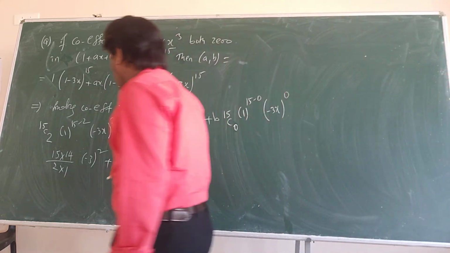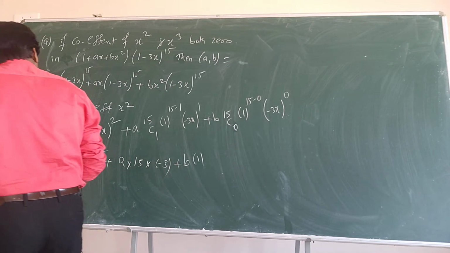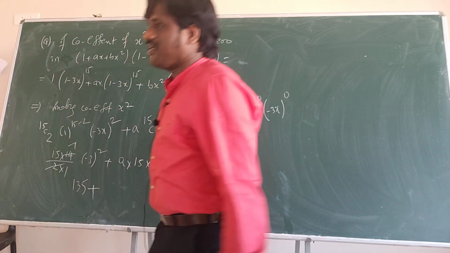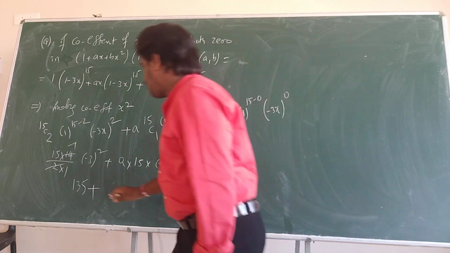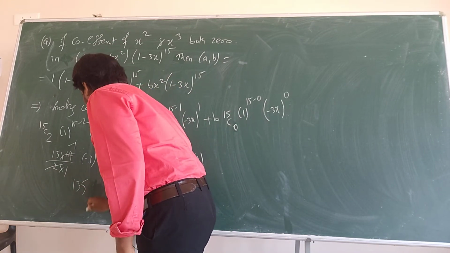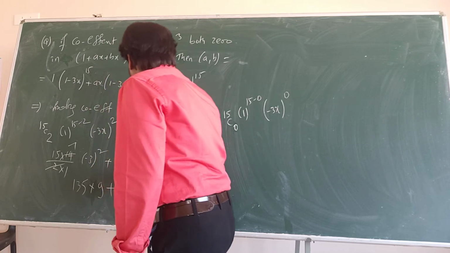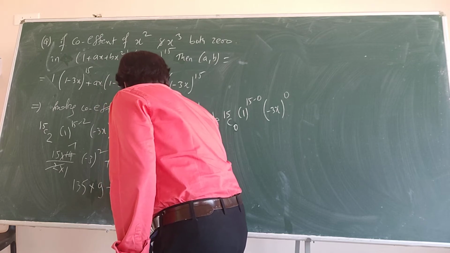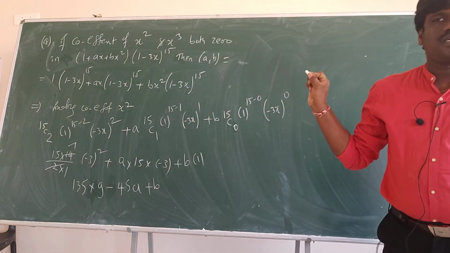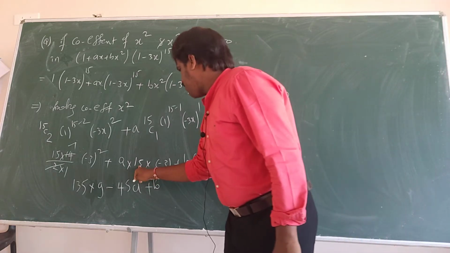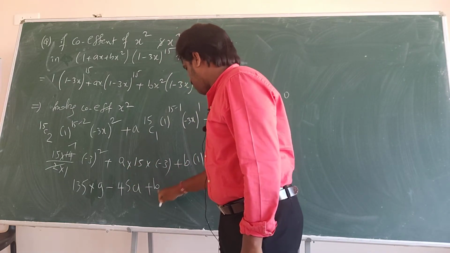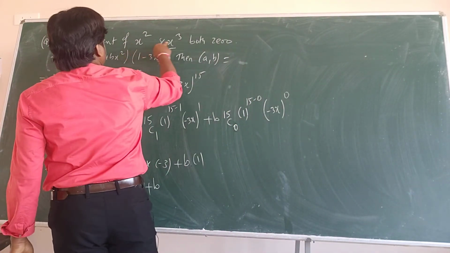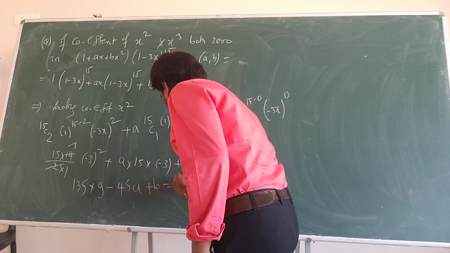So what am I getting here? 15 into 7 is 105, so 105 into 9 is 945. So we get 945 minus 45a plus b. This is the coefficient of x square I got. What is said here? The coefficient of x square is zero, which means this is equal to 0.